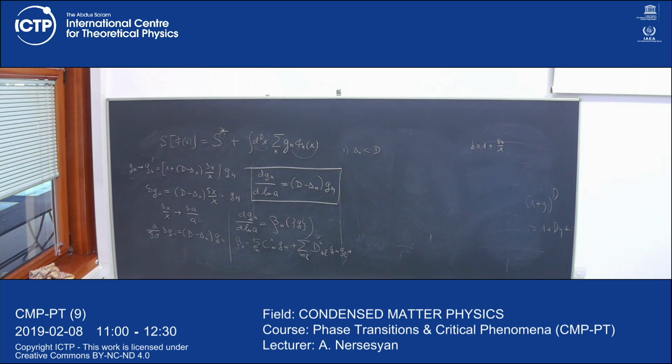And this is the first signature of the fact that this action will not be stable against such perturbation. Because its amplitude effectively increases, goes to infinity. Which immediately indicates that your action is not stable, at least against this perturbation.